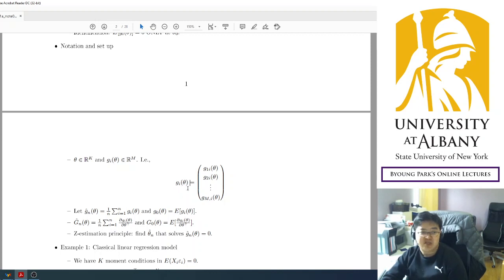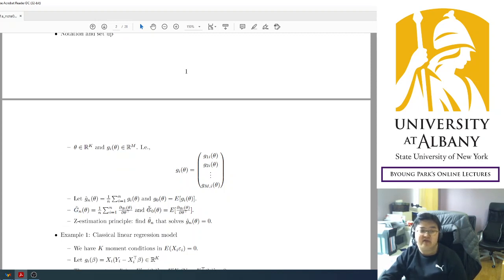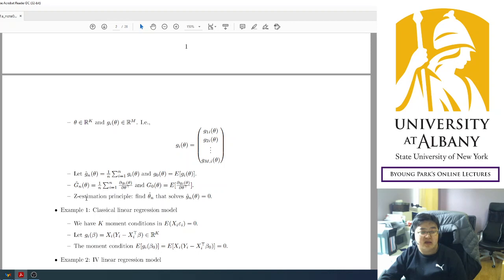Extending the notation, we are going to use g hat n theta, another function, which is simply the sample average of the moment function. And g0 theta is the expected value of the moment function. And capital G stands for the first derivative, of g hat and g0. They are different, and we are going to use the z estimation principle.